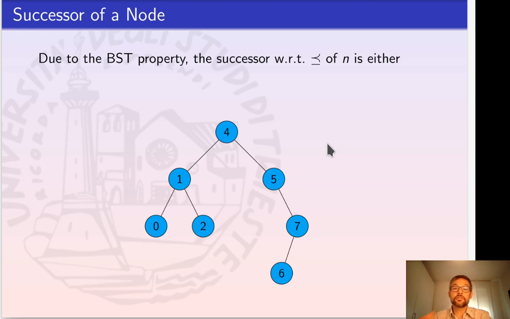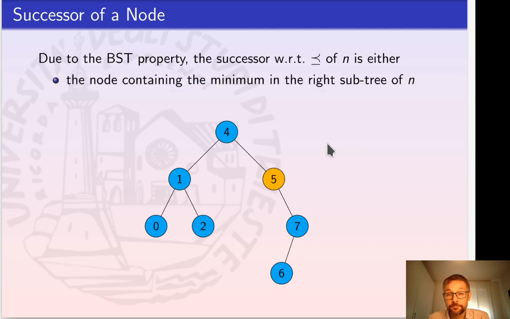Now, what about searching for the successor of a given node? So let's assume we want to find the successor of the node whose key is 5. By successor I mean, given a node, I want to find the node whose key is the next one with respect to this total order, with respect to the key of the node I'm dealing with.